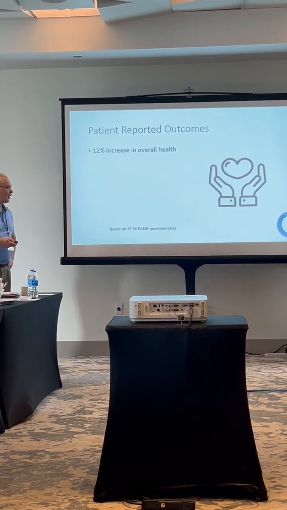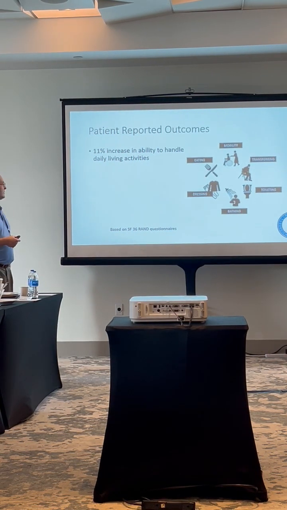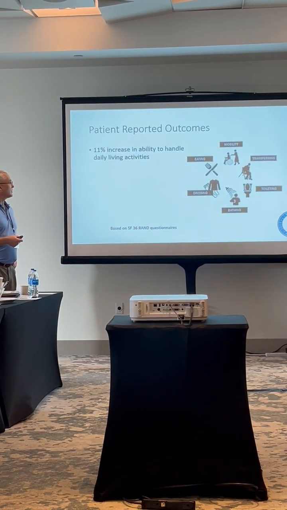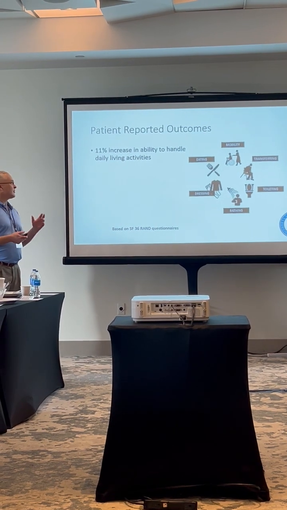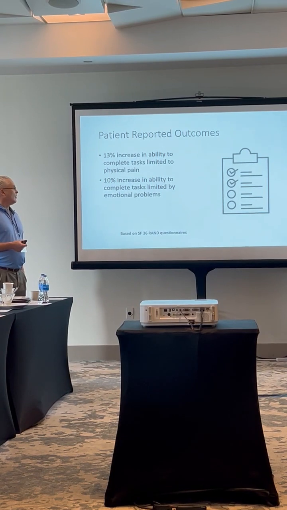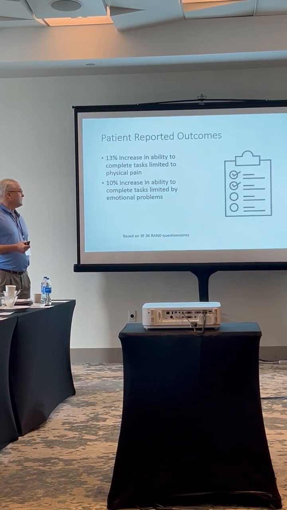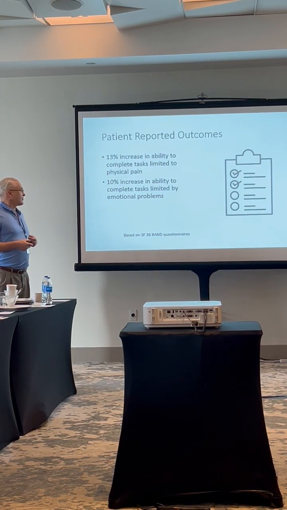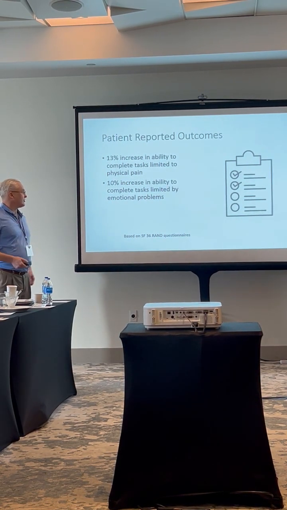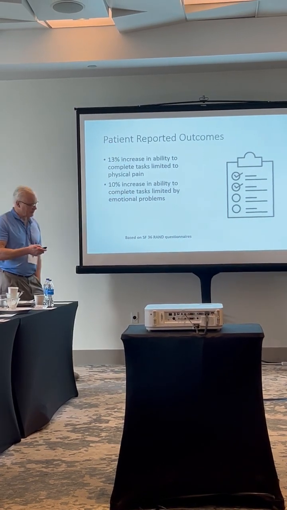So that's about a 12% increase in overall health, an 11% increase in ability to handle activities of daily living, 13% ability to complete tasks, and a 10% increase in ability to complete tasks despite emotional problems.